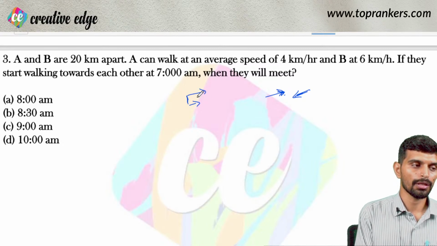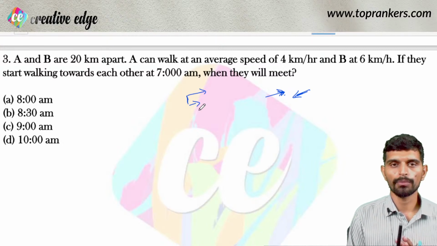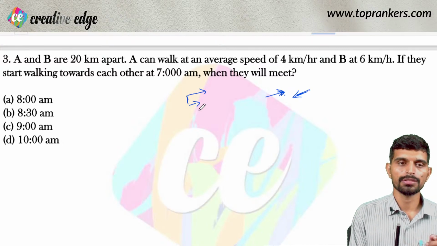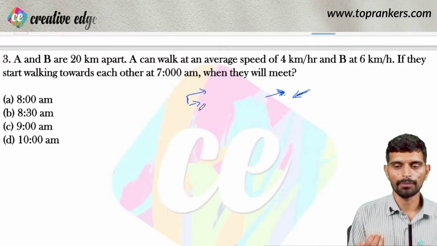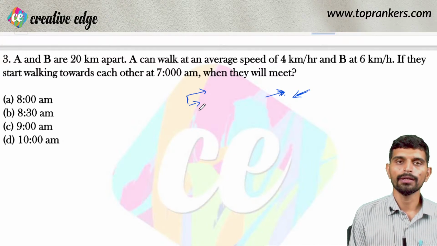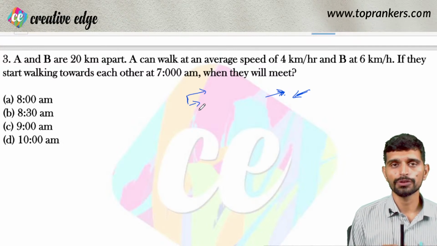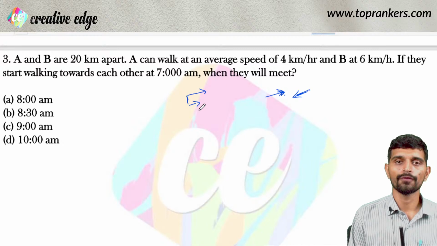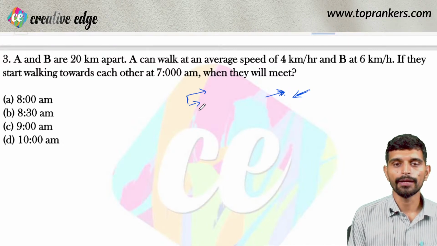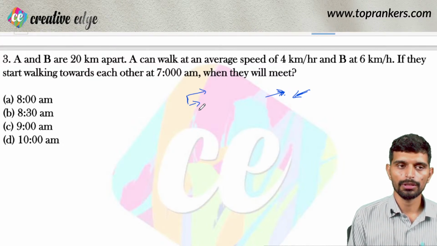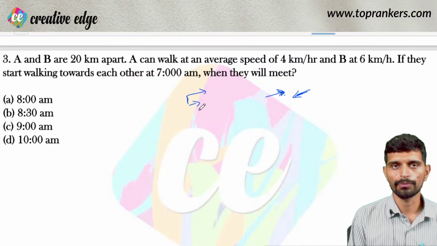But in case of relative speed, if you are moving in a direction and in the same direction one more person is moving, then the relative speed that you will experience will be the difference of the two, but the speeds would be added when the person is moving in the opposite direction to the direction in which you are moving.